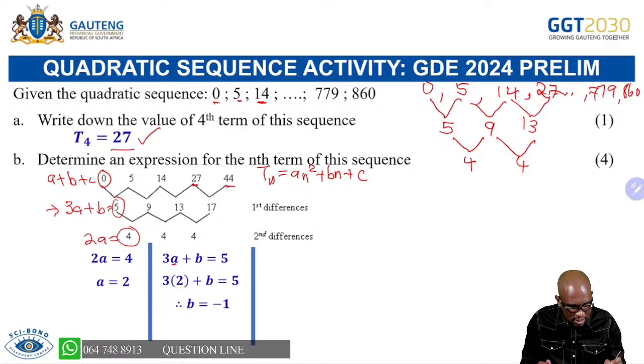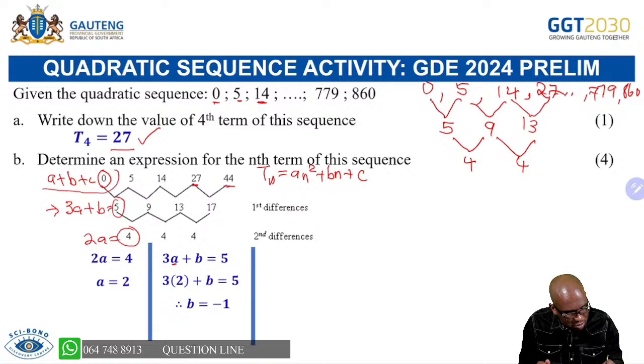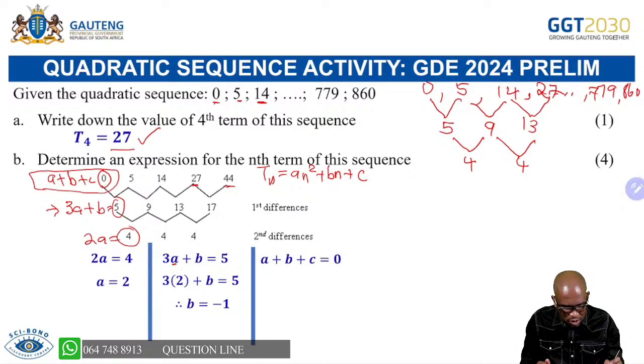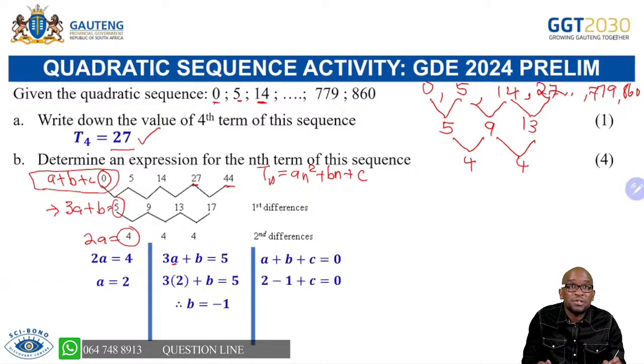Moving right along, we come to a plus b plus c equals 0. There we go. From there, we substitute a as well as b, solve for c, and we get that c is equal to -1.